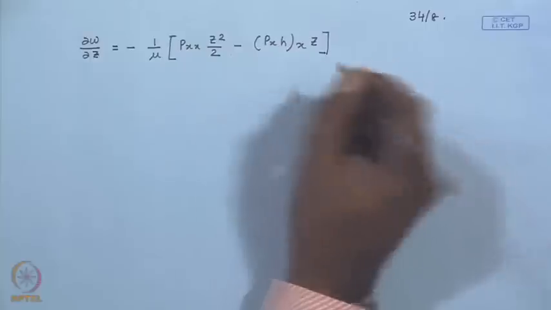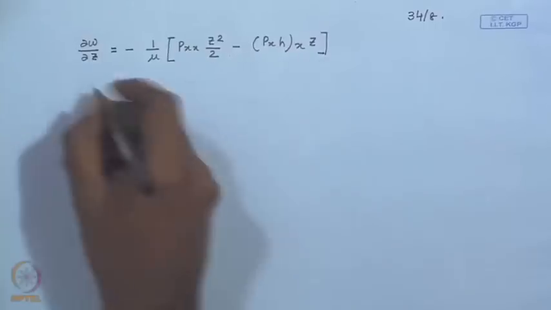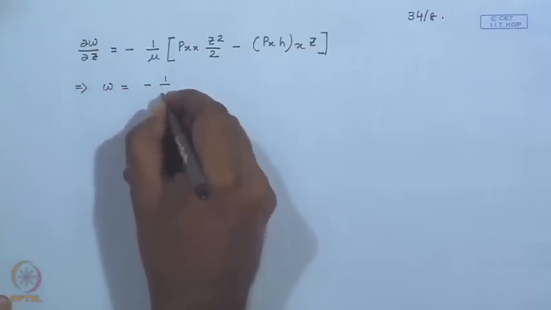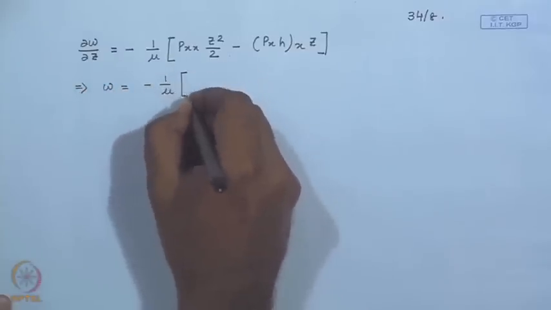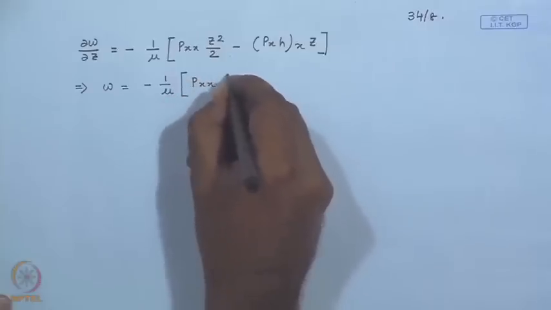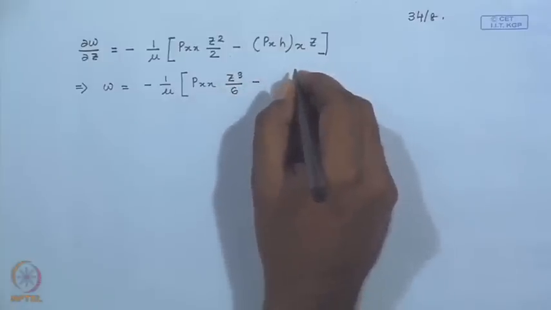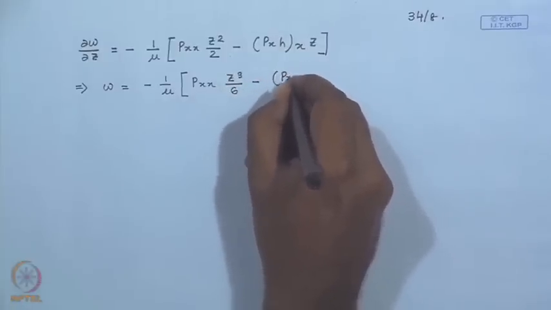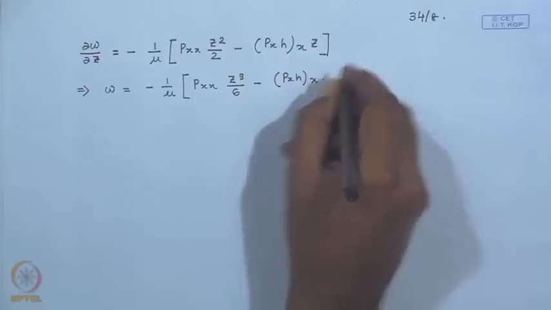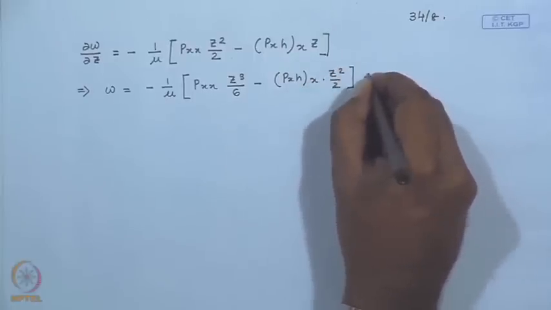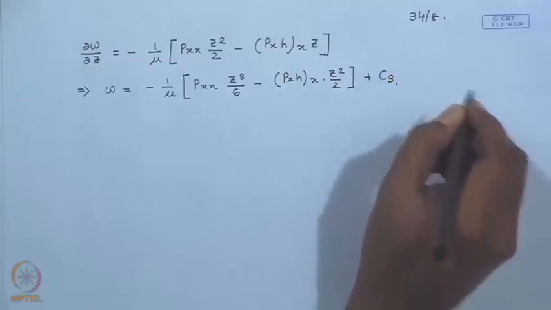If we now do an integration, what we are left with is w is equal to minus 1 by mu into pxx z cube by 6 minus px h x into z square by 2 plus c3.